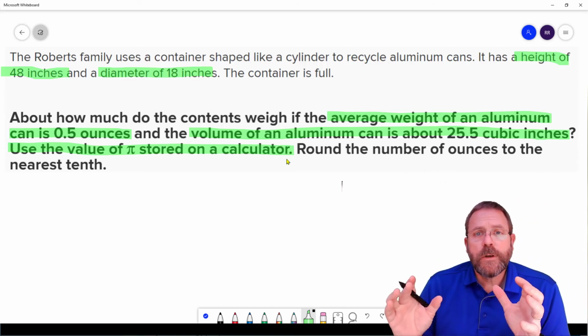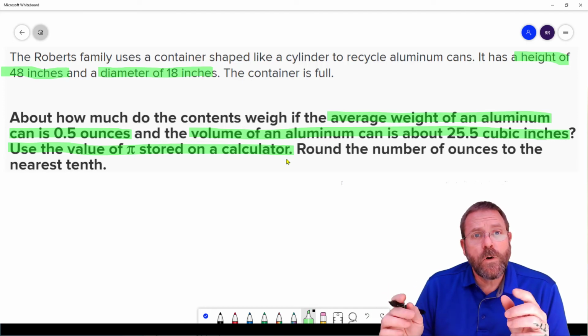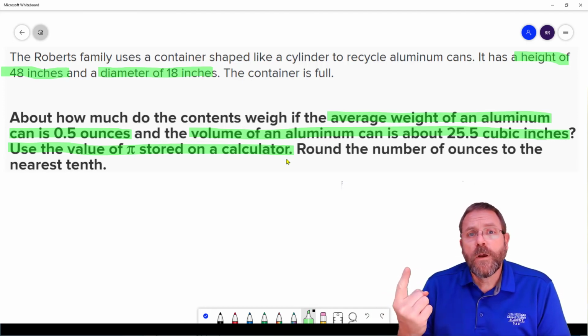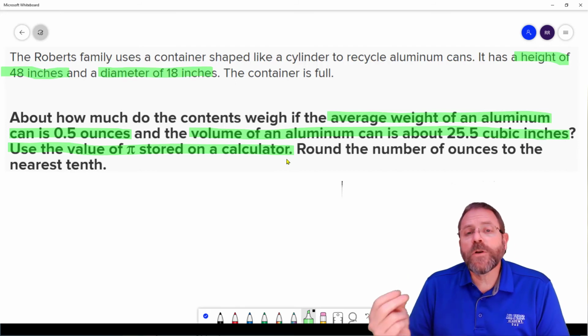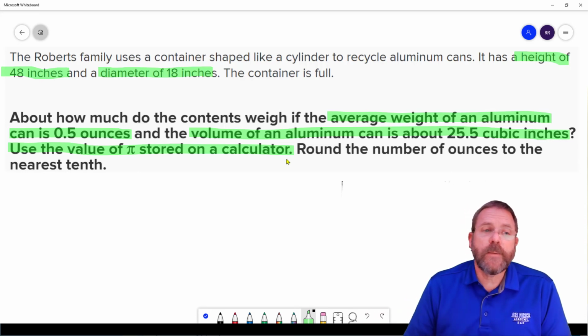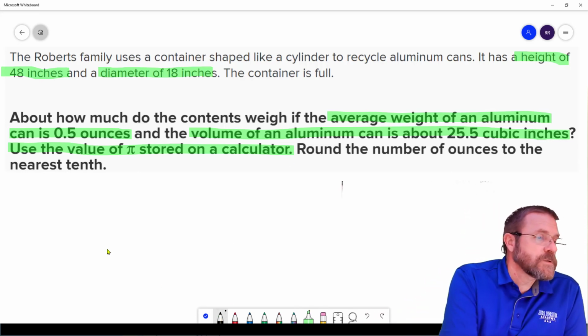Now, this one is really going to take some work because we have to find the volume of the big can, divide that by the volume of the individual cans, and that will tell you how many cans you have in the garbage can. And then we're going to multiply that number times the 0.5. Let's get started on this.